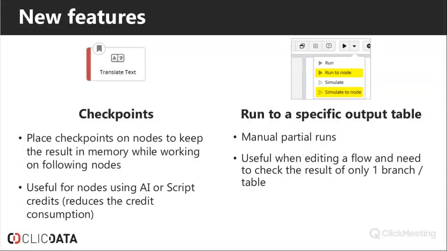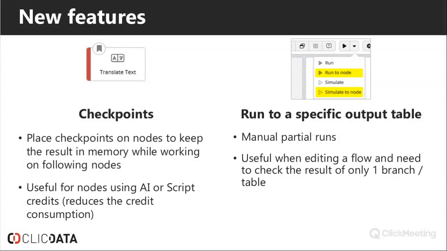It's useful because if you're working with very large data sets which take a long time to run, currently when you want to preview a downstream node, you need to wait for some time until the data is processed. This will allow you not to wait so much.